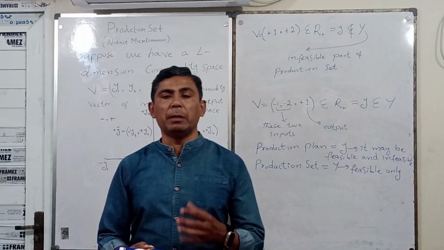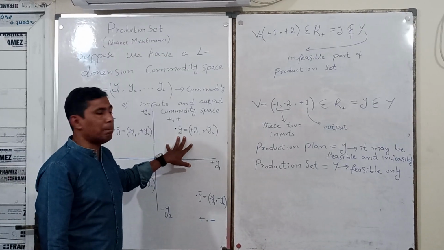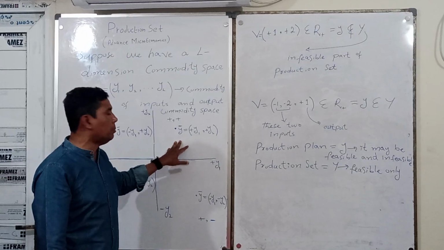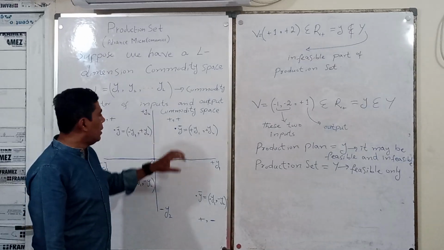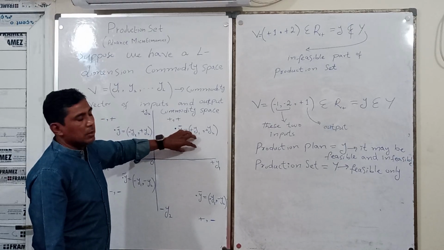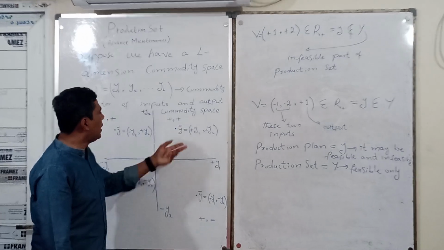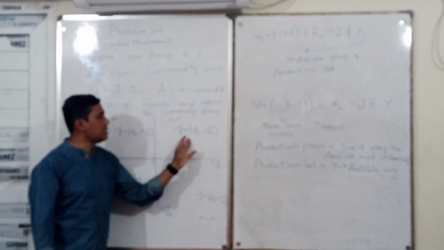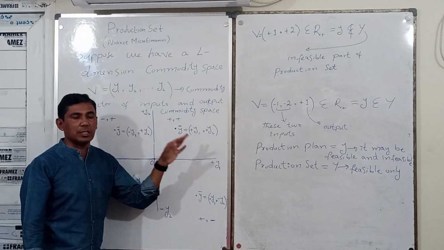By the definition in mathematics, we know that in the first quadrant, x1 and x2 both are positive, or y1 and y2 both are positive, and so on. So if we discuss this quadrant, this quadrant is not part of our production set. Why? Here you have both outputs. There is no input in this quadrant. So this quadrant is not a feasible part of the production set.